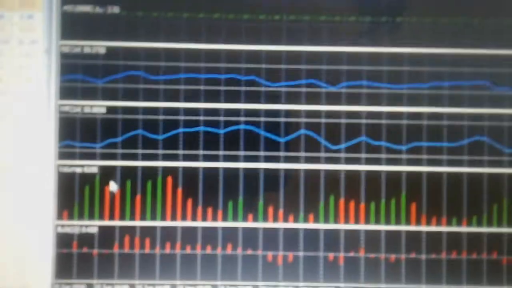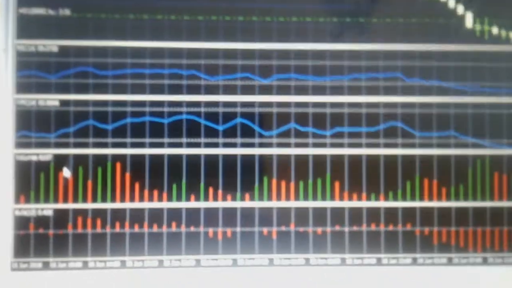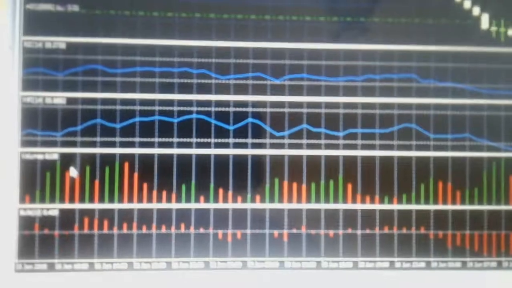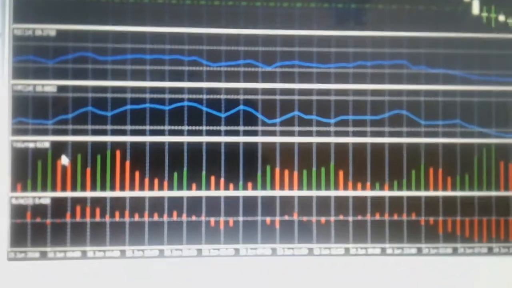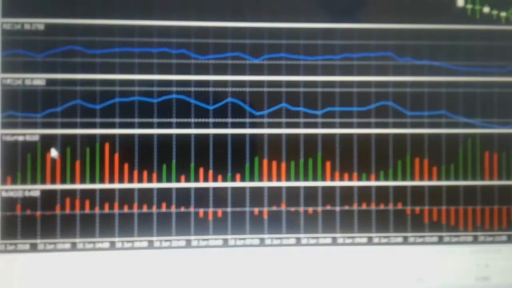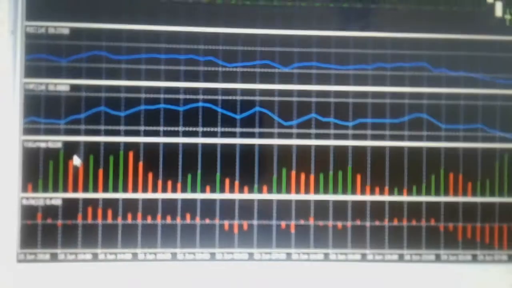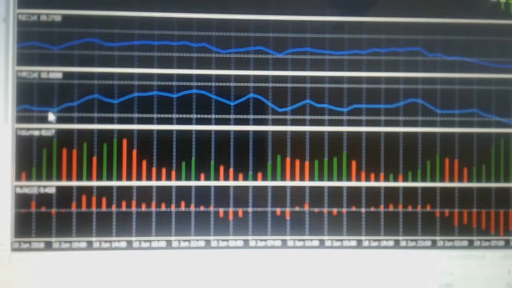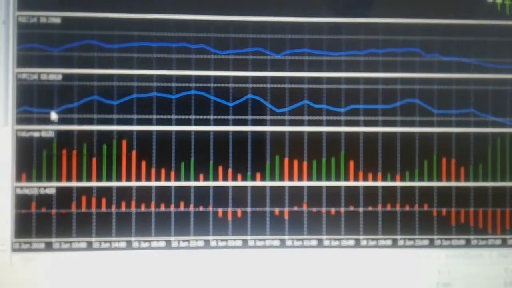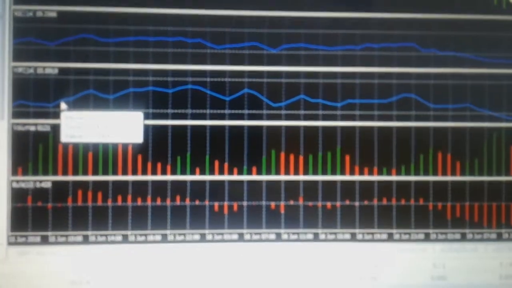And let me break down why the money flow and volume are one and the same. The money flow does not indicate whether it's going to go up or down, and neither does the volume. The volume is the traffic. The money flow is how much money is flowing into this signal on an hourly basis, because I do it by the hour.